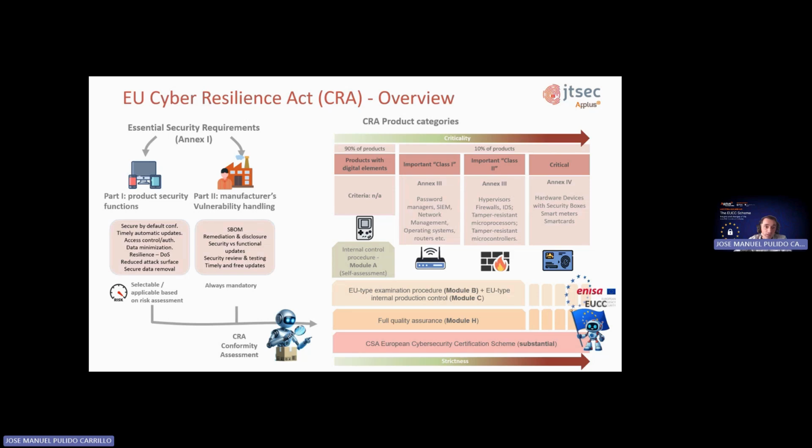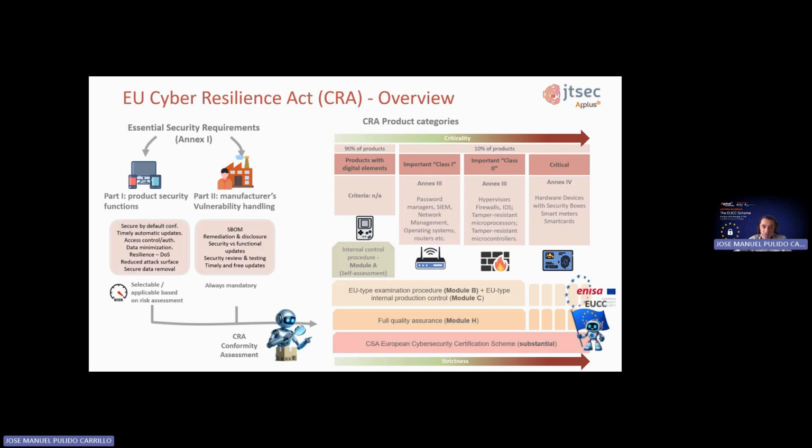The Cyber Resilience Act also defines methods to assess the conformity of these products with the requirements in the regulation. The underlying fundamental idea is that the strictness of the assessment should be proportional to the criticality of the product.